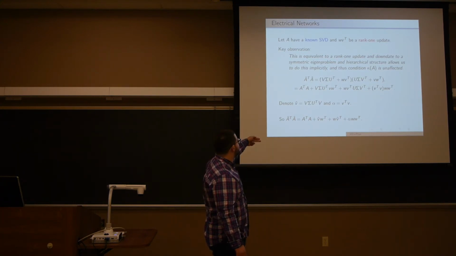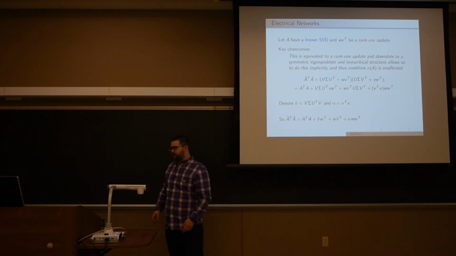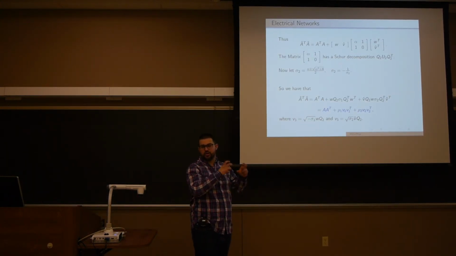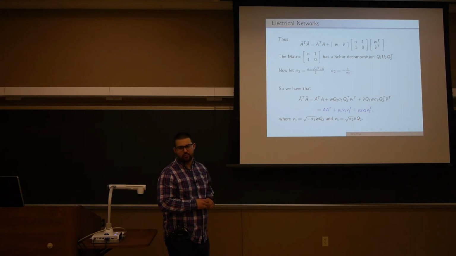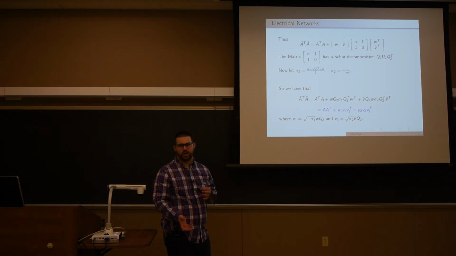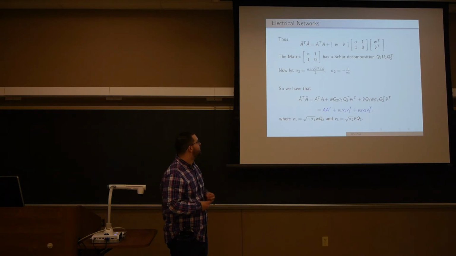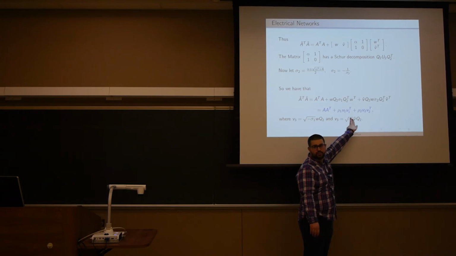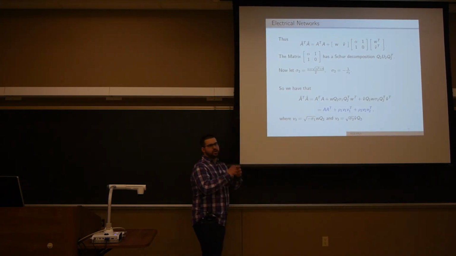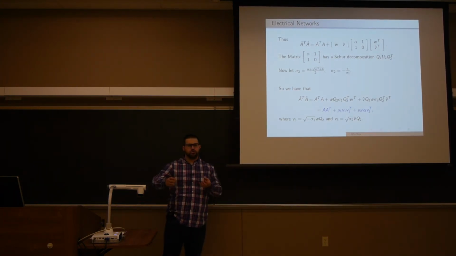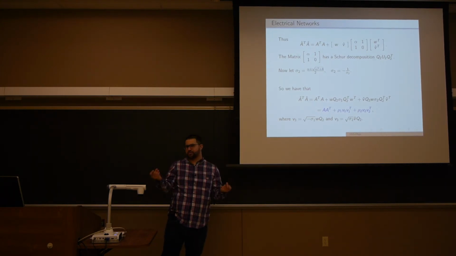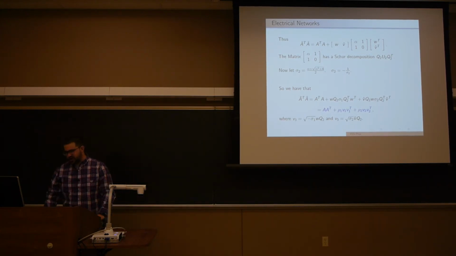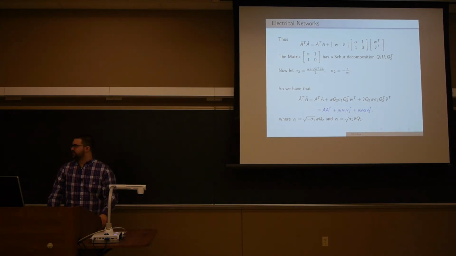I'll let you read the algebra, but the biggest trick is you form this little artificial 2x2 matrix, and you take a Schur decomposition of it. This result is due to Ming Gu. If any of you want to see the paper, I can share it. But then basically, the whole thing is equivalent to these 2 symmetric updates. So that allows you, at every bit of the problem, to do your SVD as symmetric eigenvalue problems. So we use the algorithm we already have. That's how we've been able to solve a lot of electrical network problems, using this SVD tool.